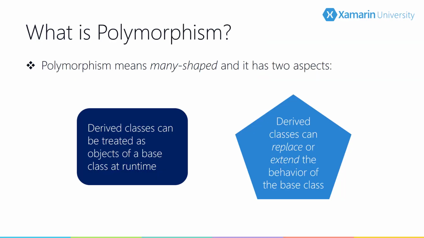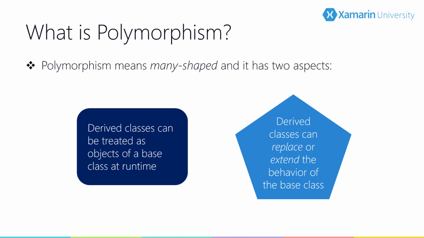So what exactly is polymorphism? Polymorphism means many-shaped, and it really has two major aspects. And we've seen one of these already. So the first one is derived classes can be treated as objects of a base class at runtime. So what that means is that's that list example. A list of animals can store dogs, cats, pigs.